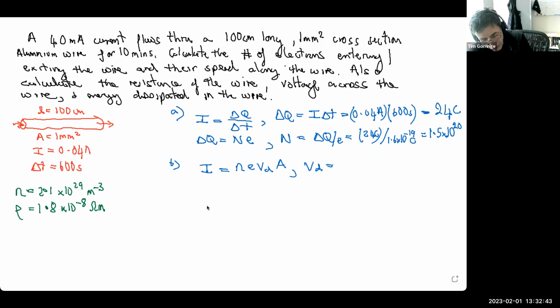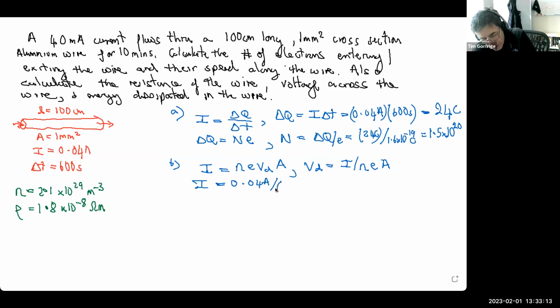And I can rearrange that in terms of the current, which I know, the number of mobile electrons per cubic meter, I've looked that up, the charge of an electron, I know that, and the cross-sectional area of the wire, we were told that. All these numbers I know. I can plug in these numbers, so 0.04 amps is the current.